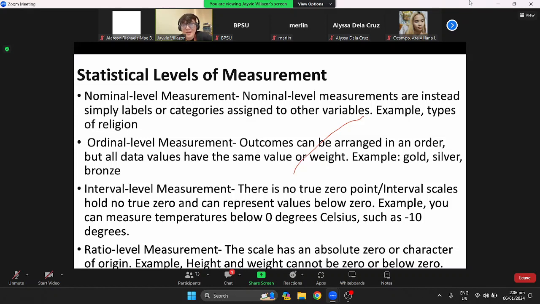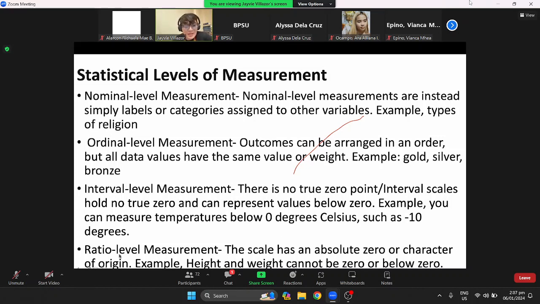Okay, we can have -1 in terms of temperature, lalo na if you are residing sa Japan, sa South Korea, or America, or sa Europe, di ba, ang mga temperature nila, hindi sila zero yung pinakamababa. No. Okay? You can have -10, -20, -50, and then so on and so forth. Okay?